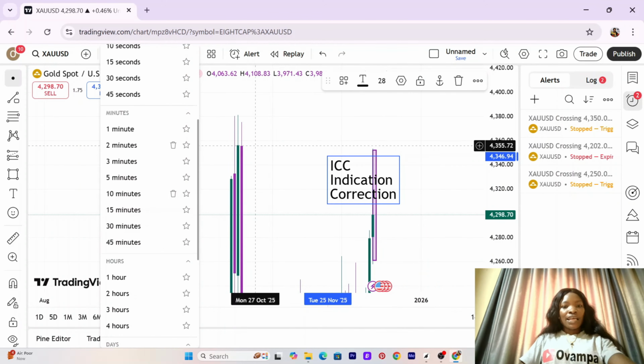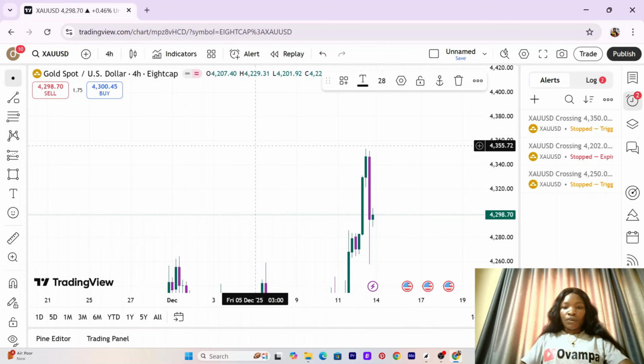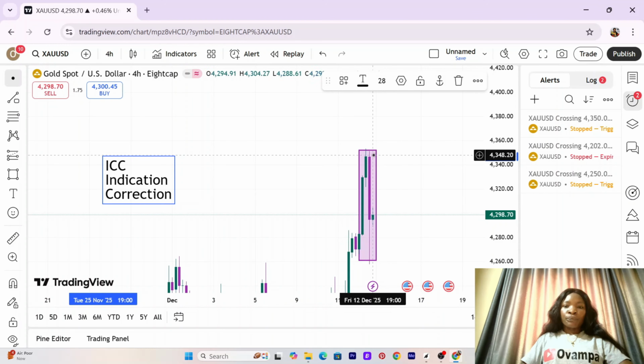But then the sellers said, no way, we have tolerated you enough. You have to push back. So there was a massive challenge right here. After a moment, the sellers pulled the price all the way back down here.